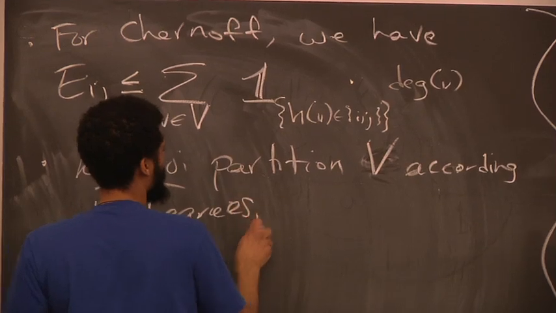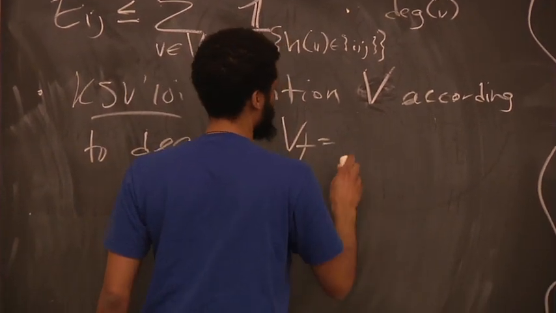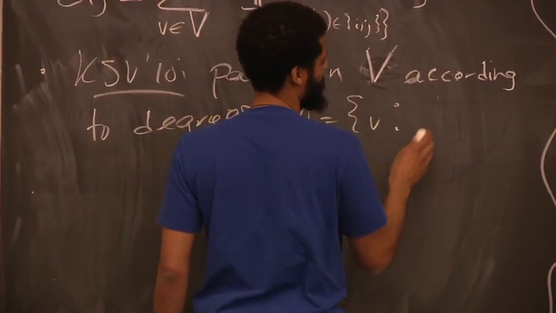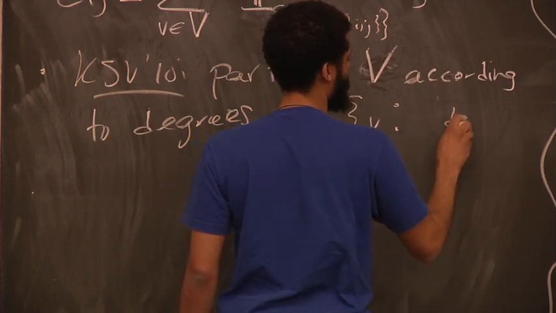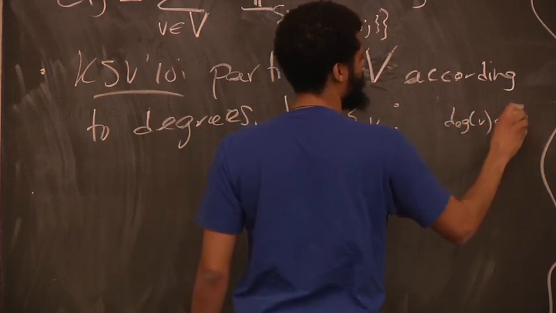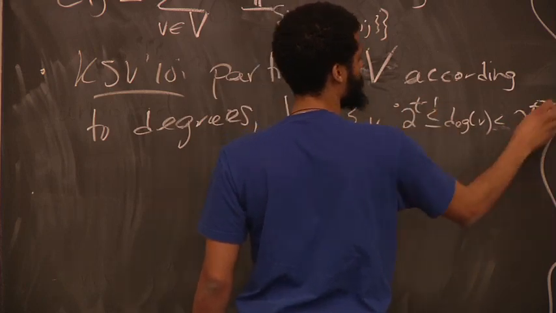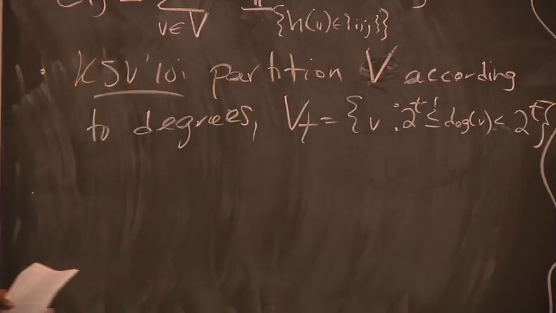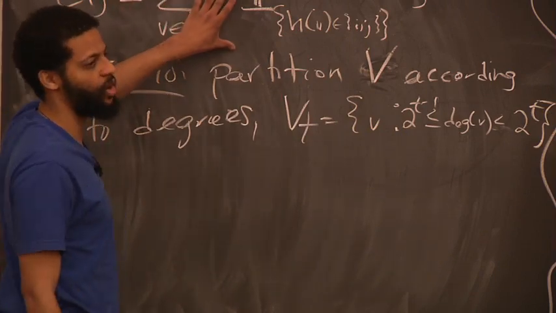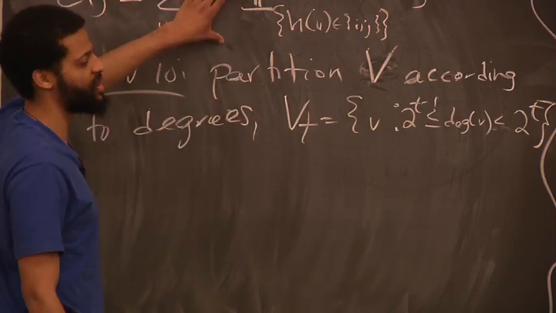And they define something like V_t as the set of all vertices v such that the degree of v is at most 2 to the t and at least 2 to the t minus 1. Then what you do is a union bound over all of these V_t's, and then you use this bound.